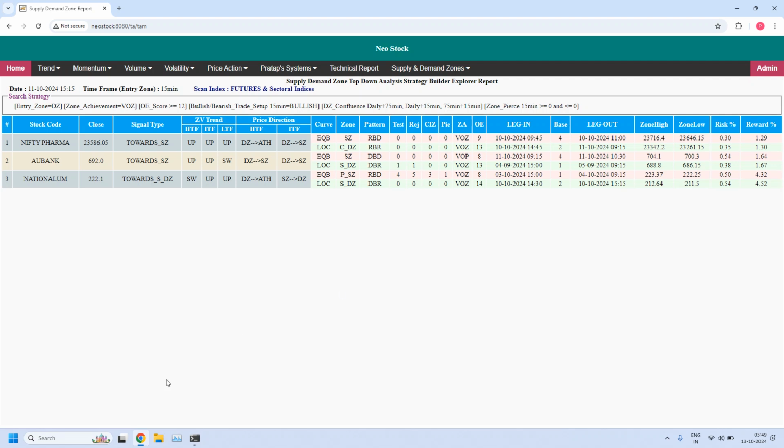We got 3 stocks. The trend, the HTF trend, is up. HTF means daily trend. And if they are having daily EMA, it's a high probability because the 15 minutes and 75 minute zones together are part of the daily zone.